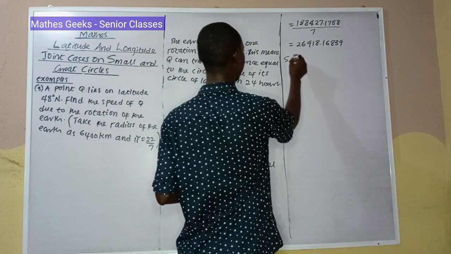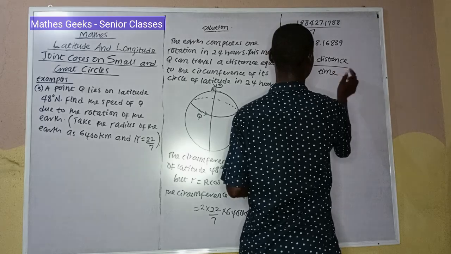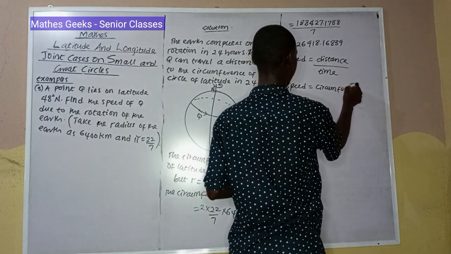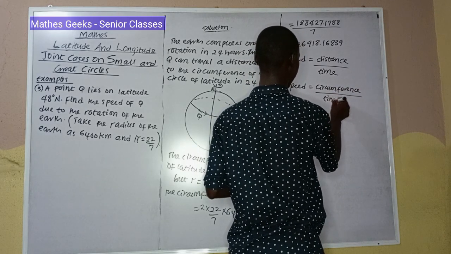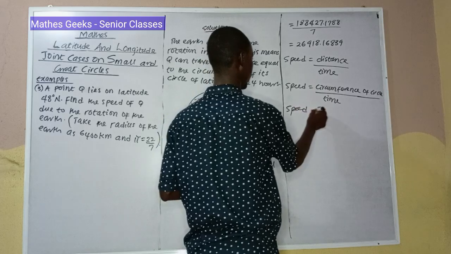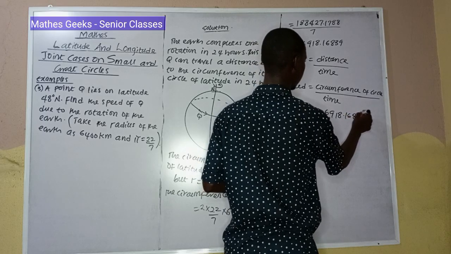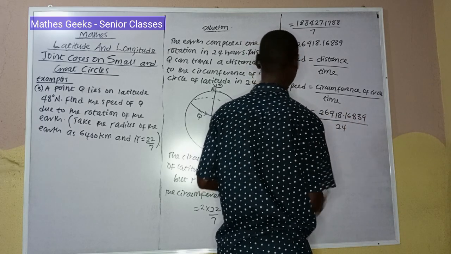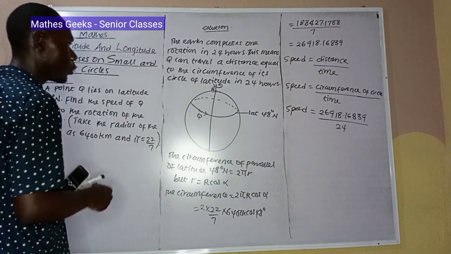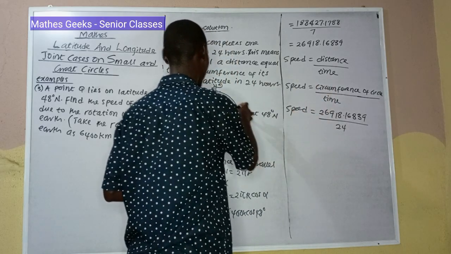So the speed is 26,918.16829 over 24, since it takes 24 hours for one complete rotation of the earth, for Q to travel around the small circle.